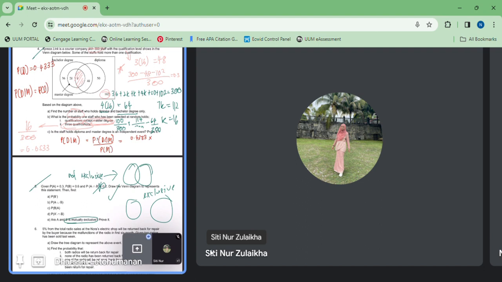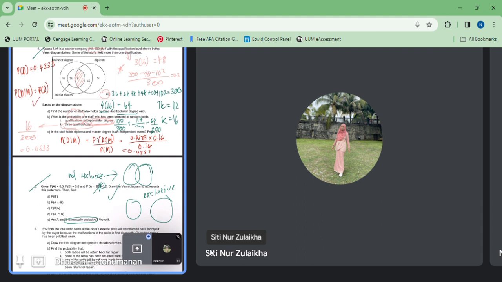Masters is 3K, 3 times 16, 48 divided by 300. Over 0.16 equals 0.4333 again, which means it equals P(D), they equal each other.